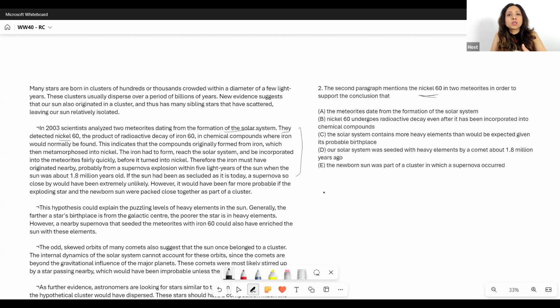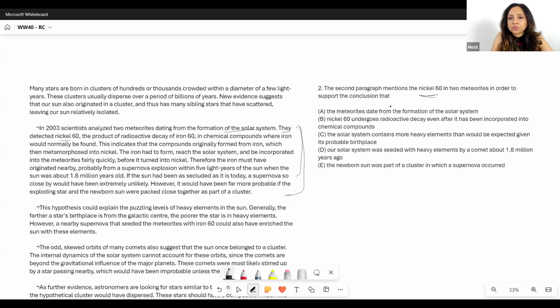Then, if there was a supernova, that means that the sun was born in a cluster, right? So this is the entire logic of the second paragraph, as we had discussed before. Because the probability that there would be a supernova would be high only if there are lots of stars around the sun, right?